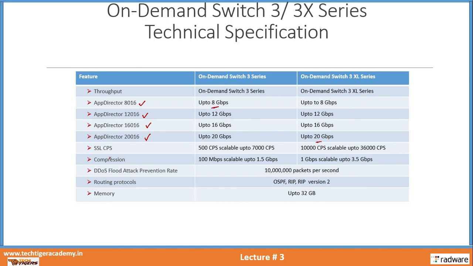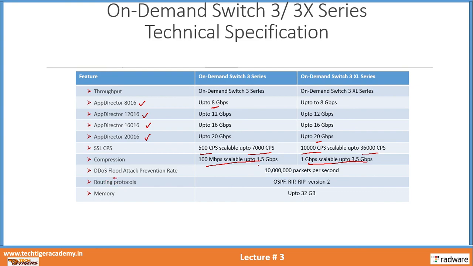SSL connections per second in the 3 series is from 500 connections per second to 7,000 connections per second, and in the 3XL series it is 10,000 connections per second to 36,000 connections per second. Compression is from 100 Mbps to 1.5 Gbps compression throughput, and here from 1 Gbps to 3.5 Gbps.